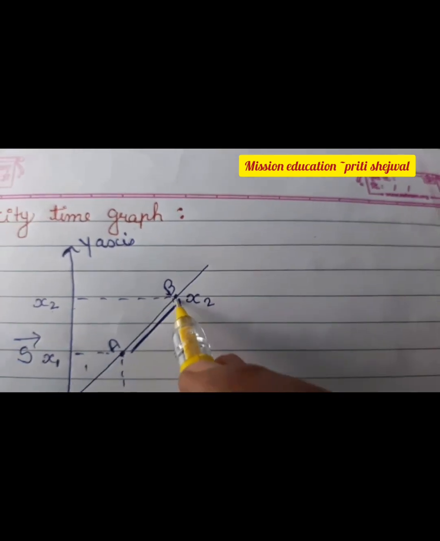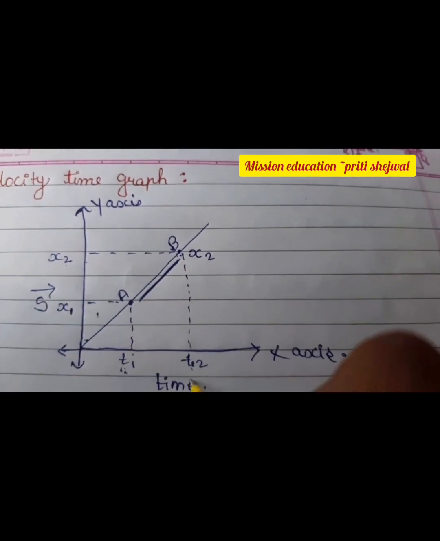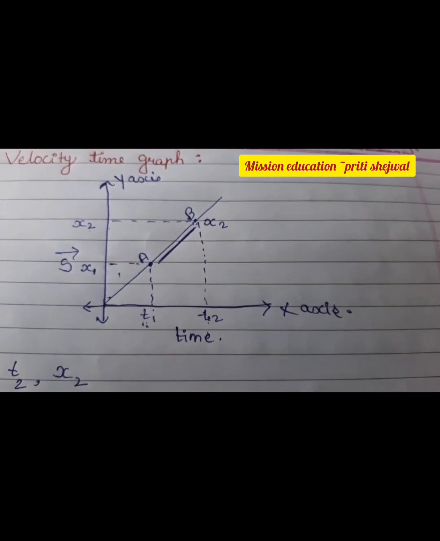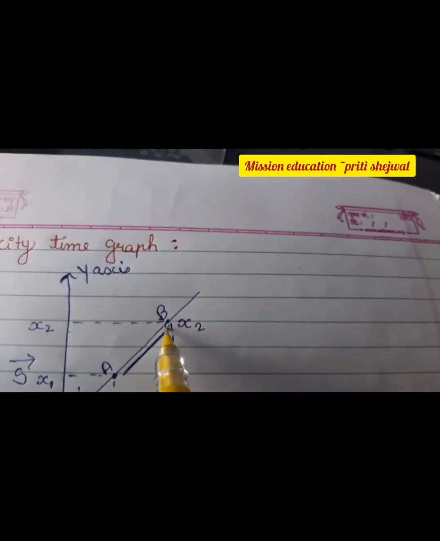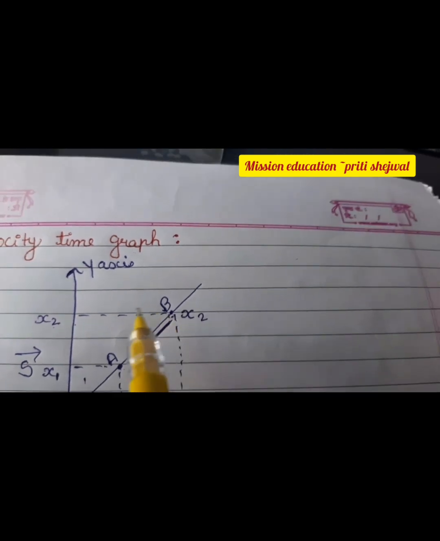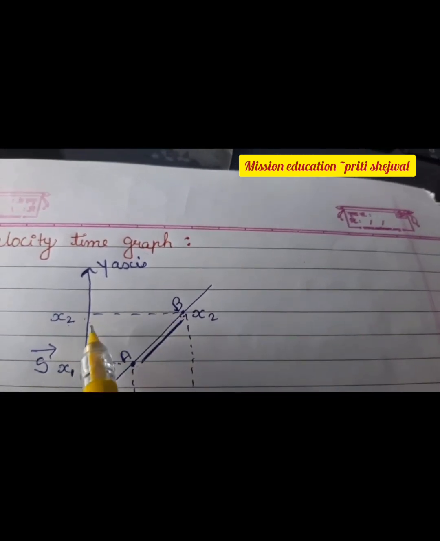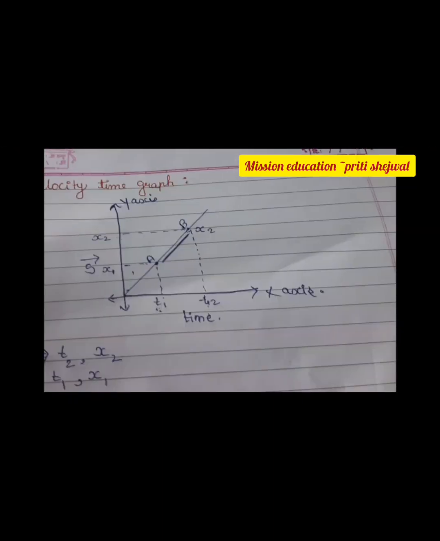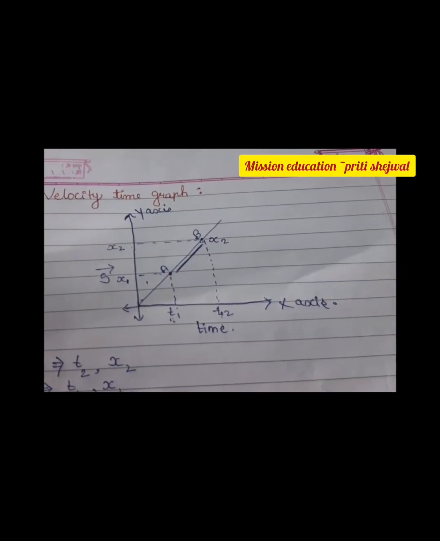So these are the coordinates, isn't it? The B coordinate on the x-axis is T2, so at the denominator I have written T2. And on the y-axis the B coordinate is X2. So the B coordinate is T2, X2.